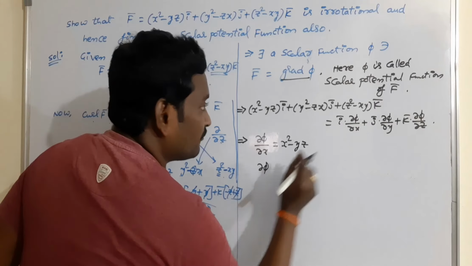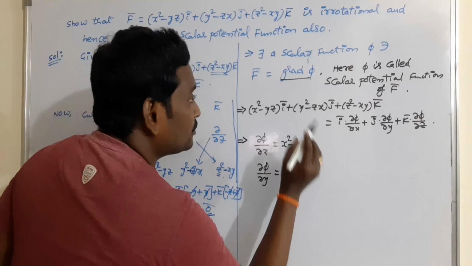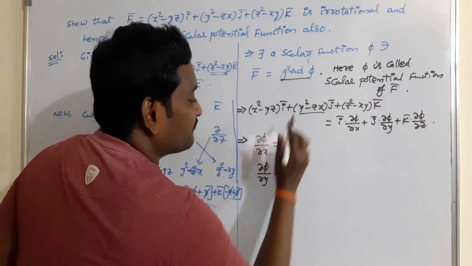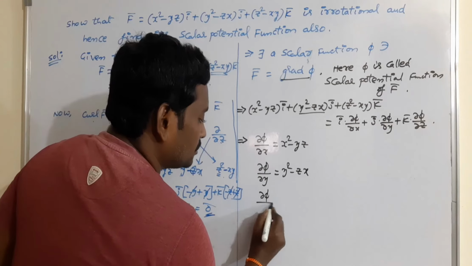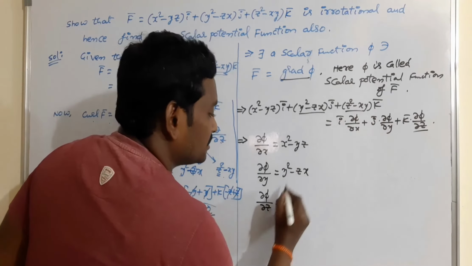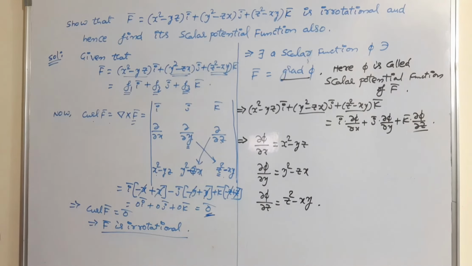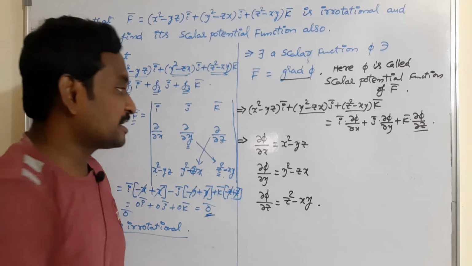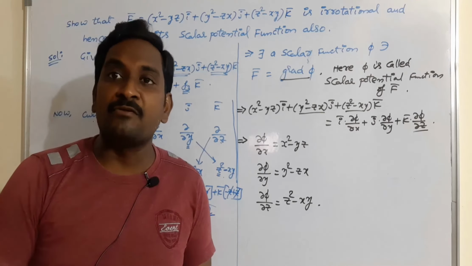Similarly, dou phi by dou y equals y square minus zx. And finally dou phi by dou z, the coefficient of k bar, equals z square minus xy. So we got three equations related to phi. By using these three equations we have to find the value of phi.